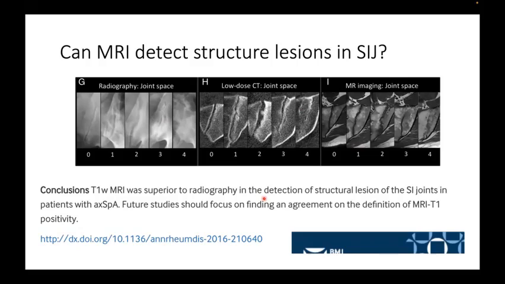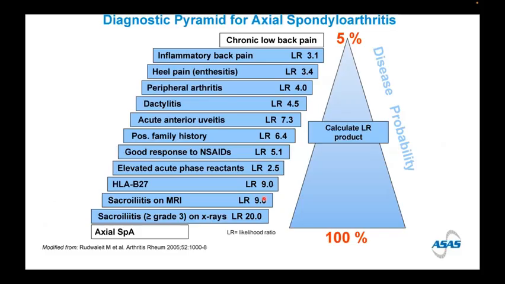So in summary, MRI can give you everything, including erosion. Of course, we cannot depend on MRI alone, or on the lab alone, but if you take the whole thing together, then you can find the real axial SpA patient.